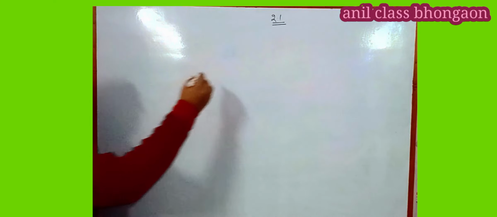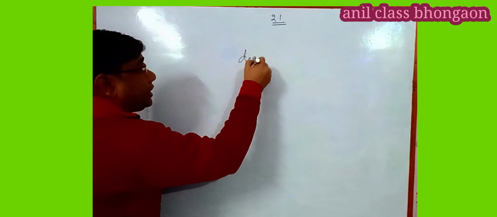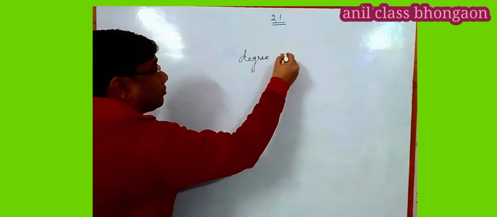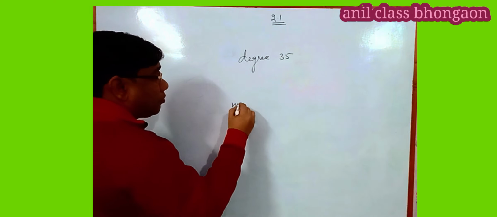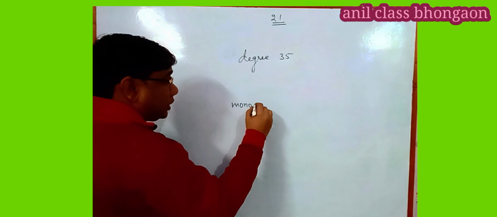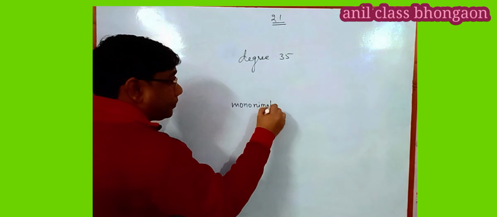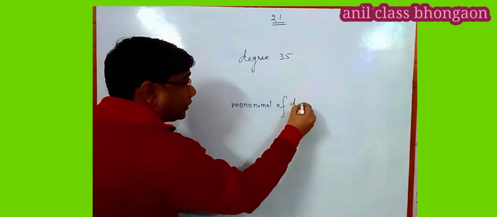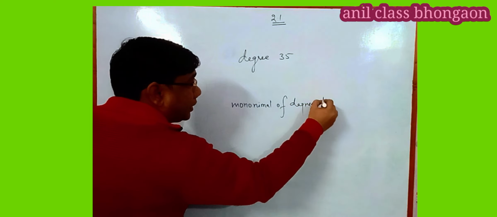Now the next question is: give one example of a polynomial of degree 35 and of a monomial of degree 100.